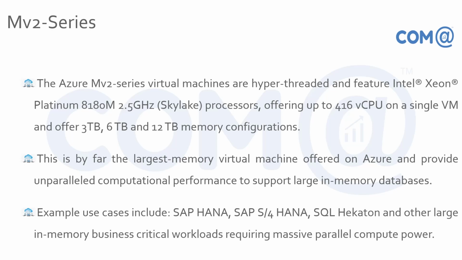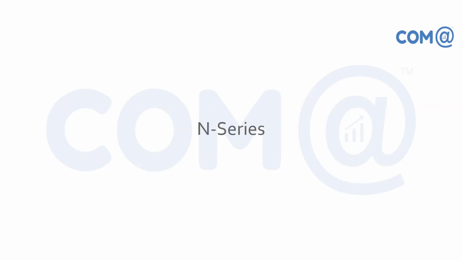This is by far the largest memory virtual machine offered on Azure and provides unparalleled computing performance to support large in-memory databases. Example use cases are SAP HANA, SAP S/4HANA, SQL Hekaton, and other large in-memory business critical workloads requiring massive parallel computing power.